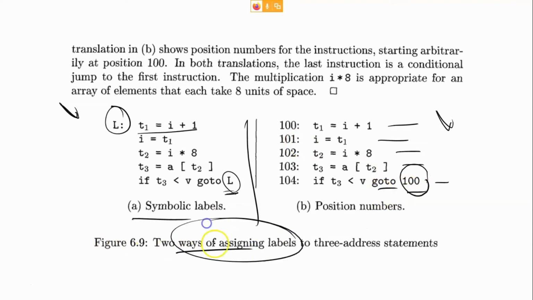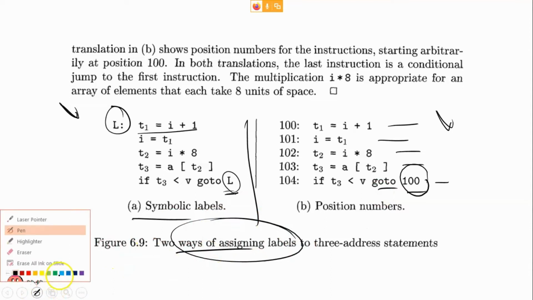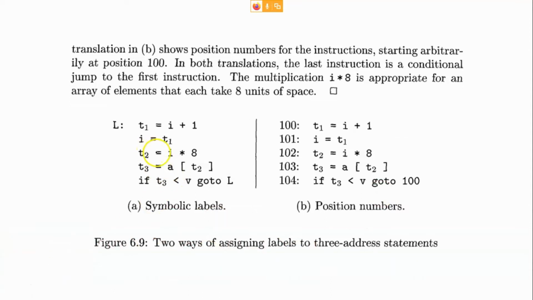These are the two ways basically. It depends on which one they have used in the GATE exam. Sometimes they will use this, sometimes they will use that. As I told you, three address code is just a concept and it can be implemented in different ways, but the basic concept will remain the same.